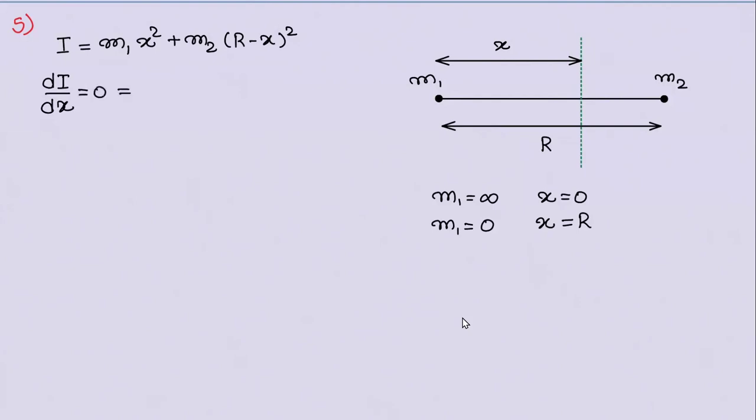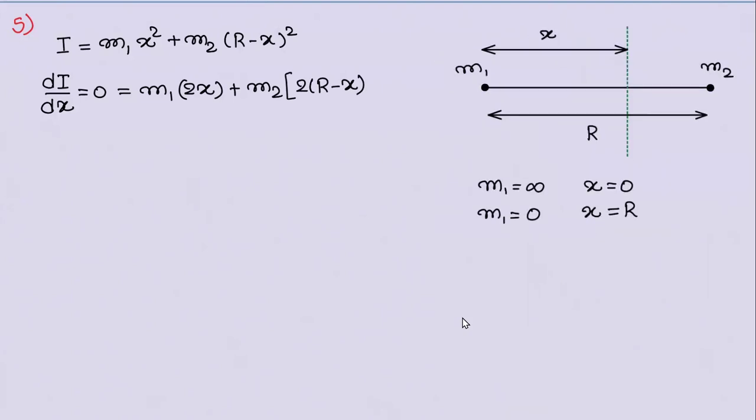When I'm doing differentiation, m1 is a constant, it comes out. Differentiation of x square is 2x, right? Then plus m2 comes out. Differentiation of (r minus x) whole square: chain rule we have to use. 2 into (r minus x), and differentiation of minus x will be minus 1, right?